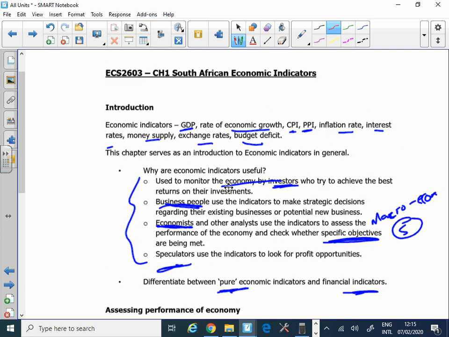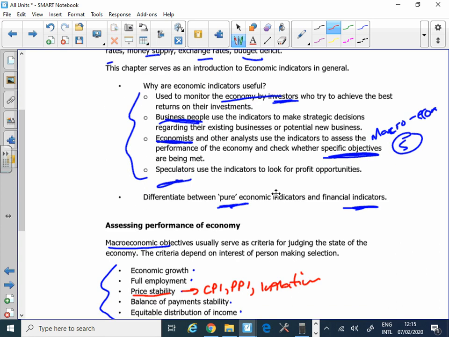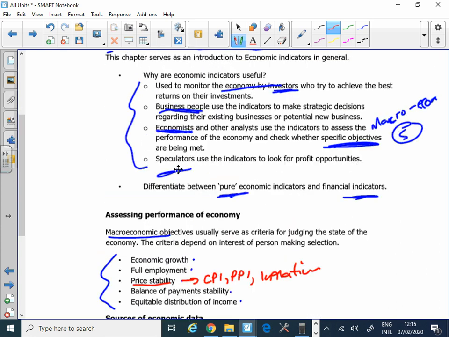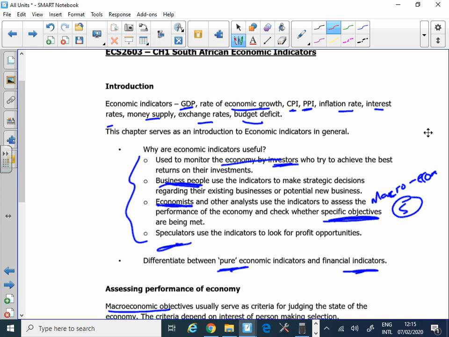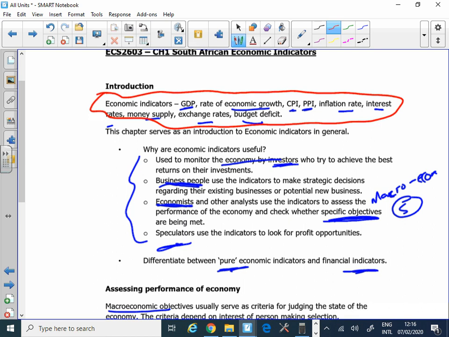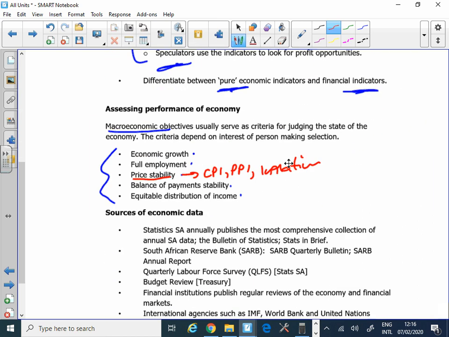Economic growth, that's where we are going to talk about our GDP, the rate of economic growth. What about anything else? Things like full employment. We don't have anything here in terms of full employment on the given economic indicators. These are not conclusive. It's not all of them, because we still have things like unemployment, which are economic indicators as well.